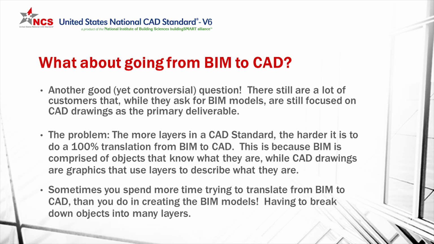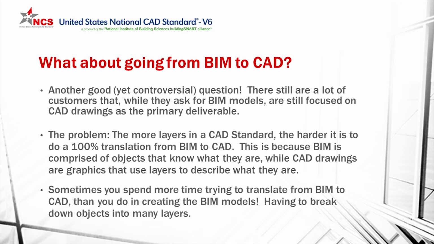So the problem is, the more layers you have in a CAD standard, the harder it is to do a 100% translation from BIM to CAD. The reason is, BIM is focused on putting objects together, and it's focused on the data behind the object. It really doesn't care what layer an object is drawn on. It just wants to know, what am I and what are my properties?